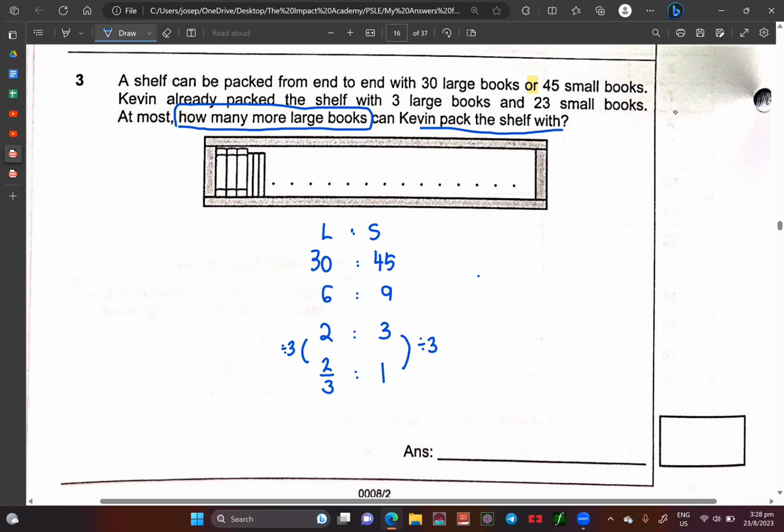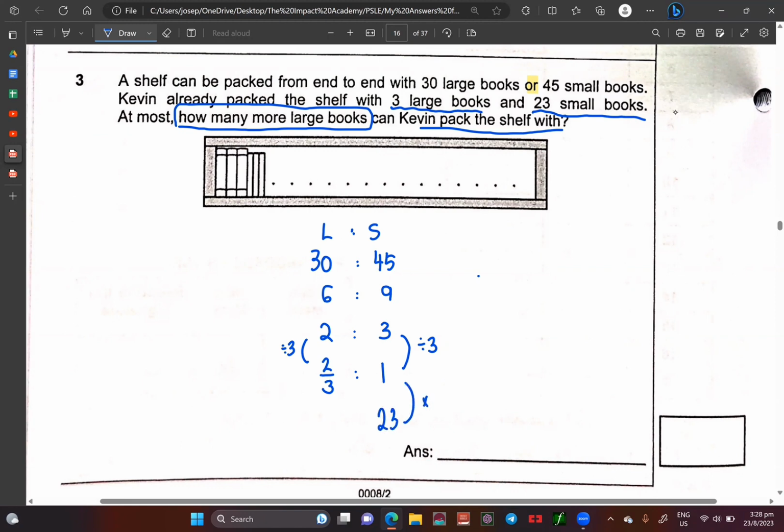Now, once this is done, you can move on and understand that the question tells us that he has already packed the shelf with 3 large books and 23 small books. So what we want to do is to change the small to 23.